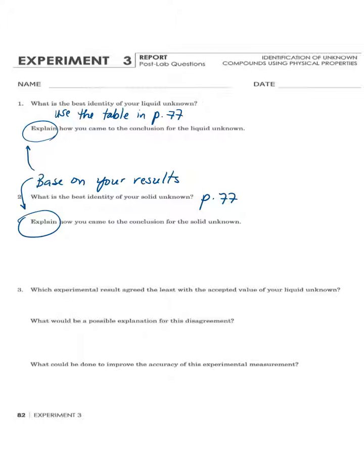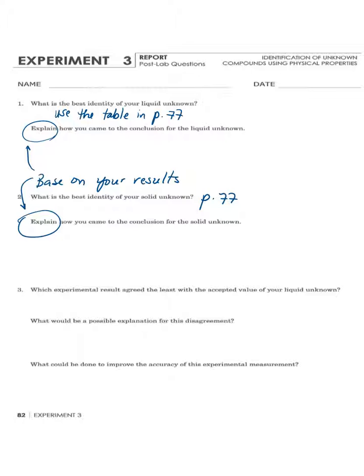The best test that you can use to identify your liquid should be the density. If you're determining the correct volume using the pipette, the density should give you a number very close to the ones in the table. The second one should be the boiling point. If you're looking at the temperatures and determining the correct boiling point, you should get a number close to the one in the table.